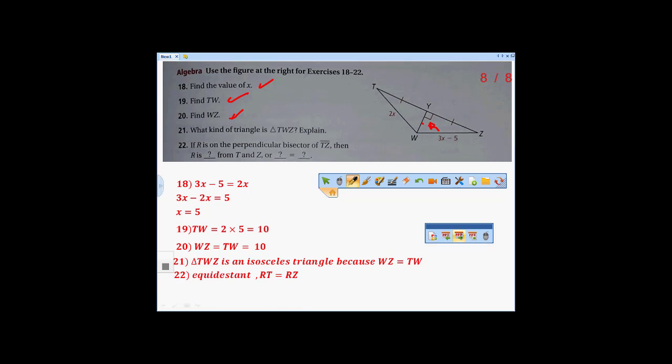I can write equidistant, or RT is equal to RZ. So if R is on WY, the perpendicular bisector, it means RT is equal to RZ, or I can say that R is equidistant from T and Z.